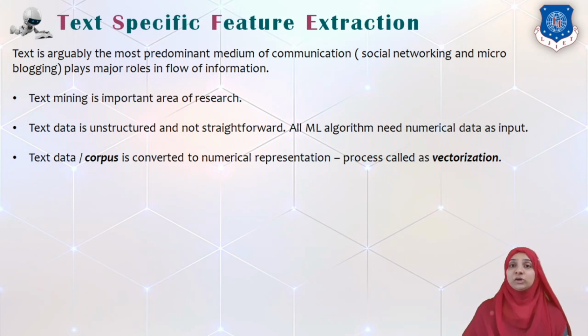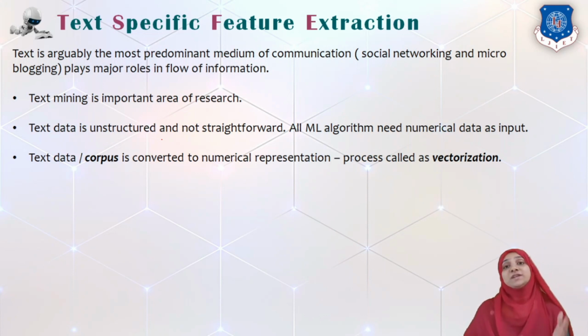You can get huge traffic of textual data from different social networking sites and microblogging sites, and you need to perform an analysis based on that textual data. Text mining is an important area of research, but this textual data is very unstructured and not straightforward.